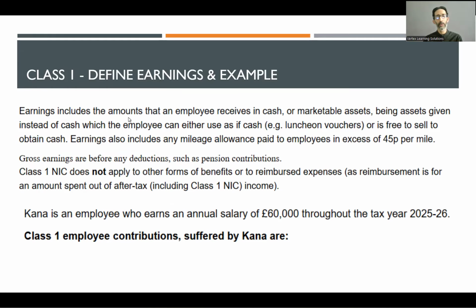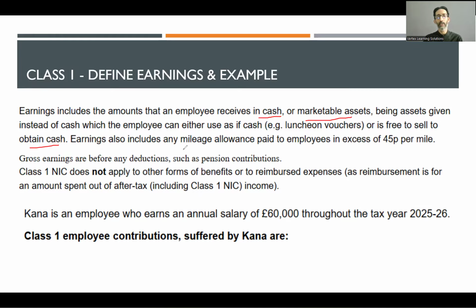The earnings include the amounts that an employee receives in cash. Obviously you receive your salary, or any marketable assets that can be traded, being assets given instead of cash, which the employee can use as if cash, for example luncheon vouchers, or is free to sell to obtain cash. Anything that can be traded for cash.